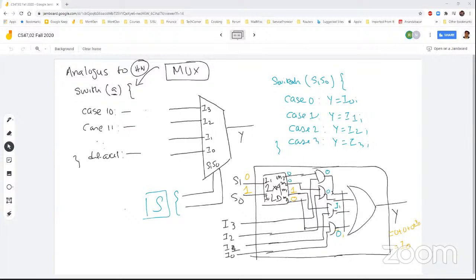And therefore, your Y will become 0 or 0 or I1 or 0, which is I1. So that's what is meant by selecting between the incoming inputs like I1, I2, I3. You are selecting between them.